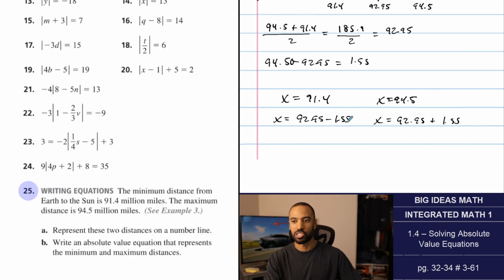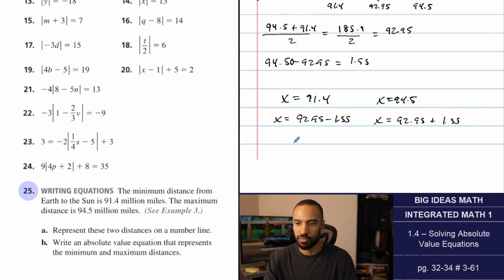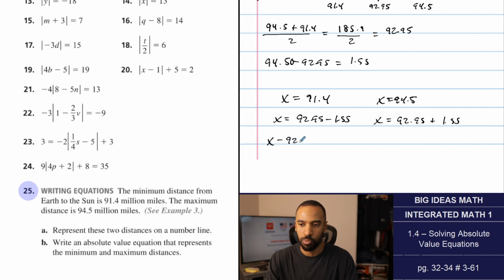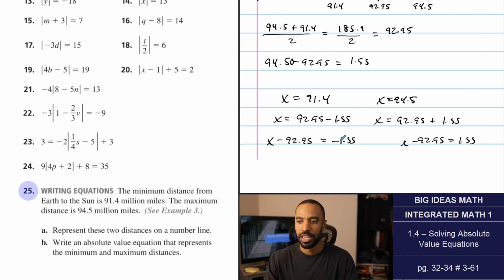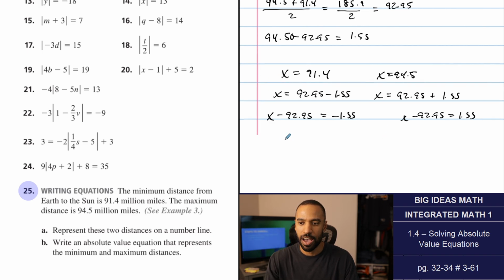So when we come up with the plus and minus versions of that number, we subtract 92.95 from both sides, and then we get x minus 92.95 equals negative 1.55, or x minus 92.95 equals positive 1.55. That means it's the absolute value of this that can equal the positive version of 1.55. So the equation can be the absolute value of x minus 92.95 equals 1.55.